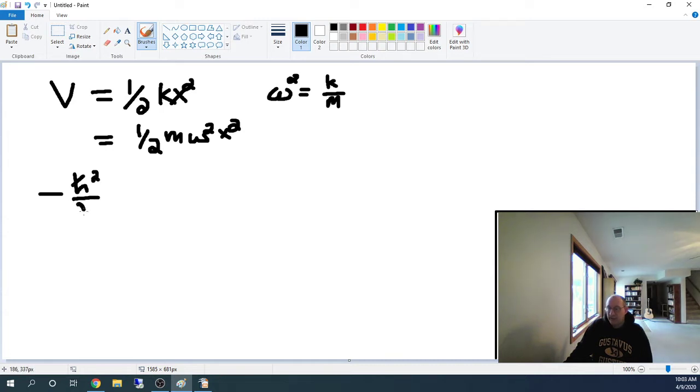This is the harmonic oscillator potential being put into the Schrodinger equation. Here's our wave function psi.